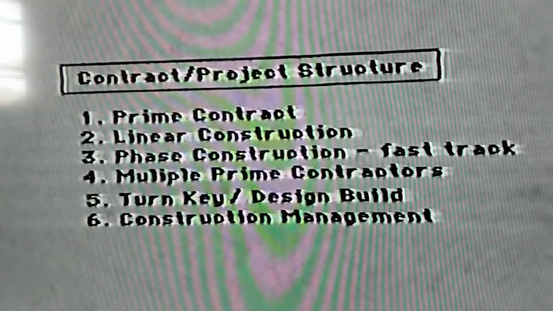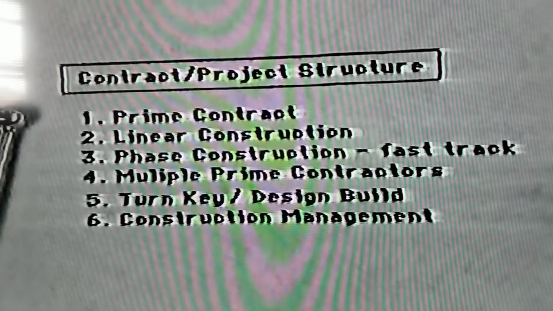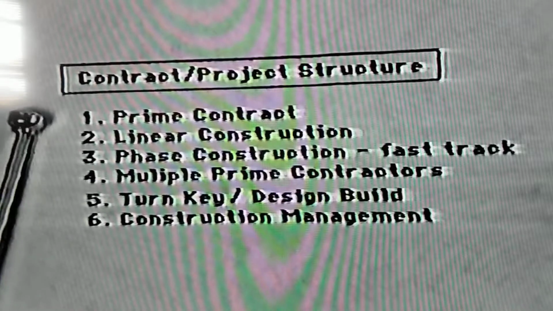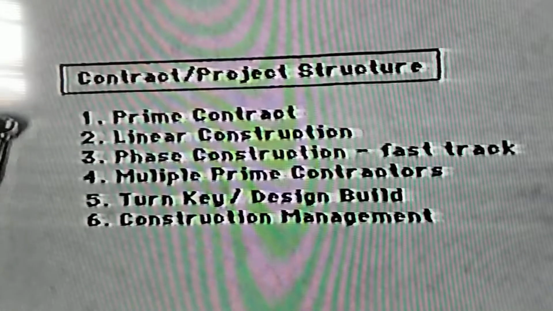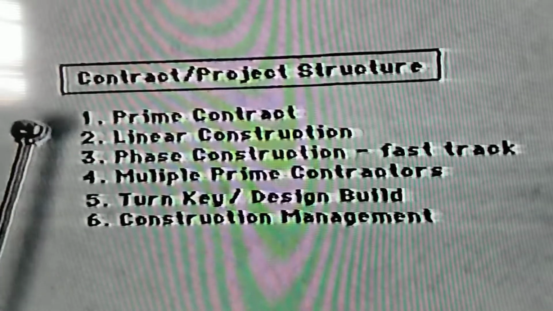In addition to the general principle of contracts, there are some structural aspects of contracts as well. The Contractor's Manual points to these structural aspects of contracts. One way of contracting, and the way in which we're most familiar, is called a prime contract, where a specific contractor is selected, a general contractor, who runs the entire job.